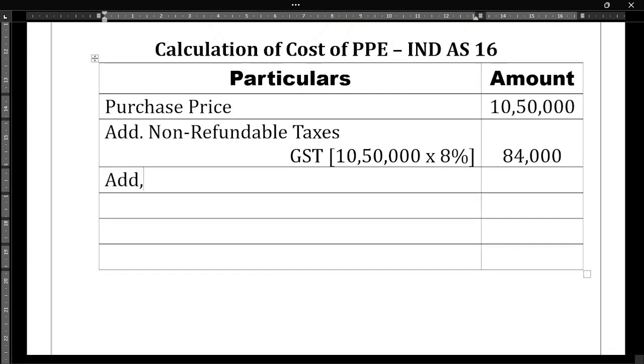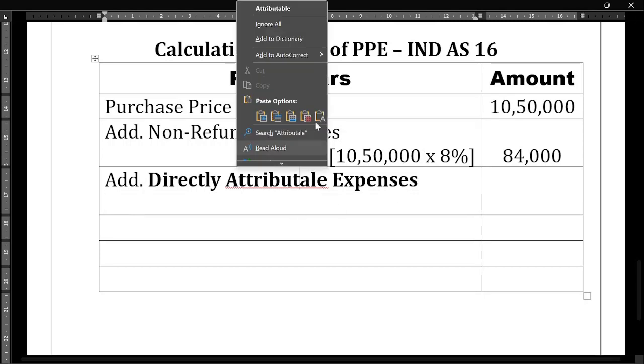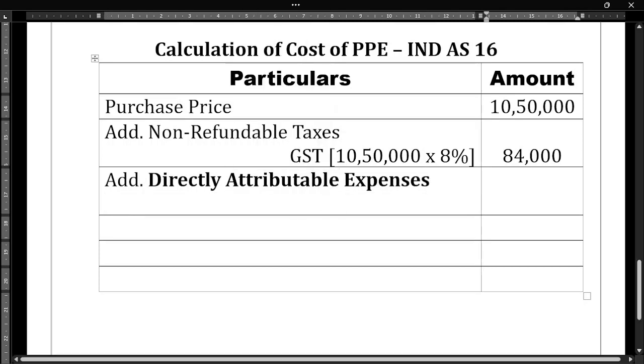Next we need to add directly attributable expenses. Directly attributable expenses are those expenses which will be incurred till the machinery runs.